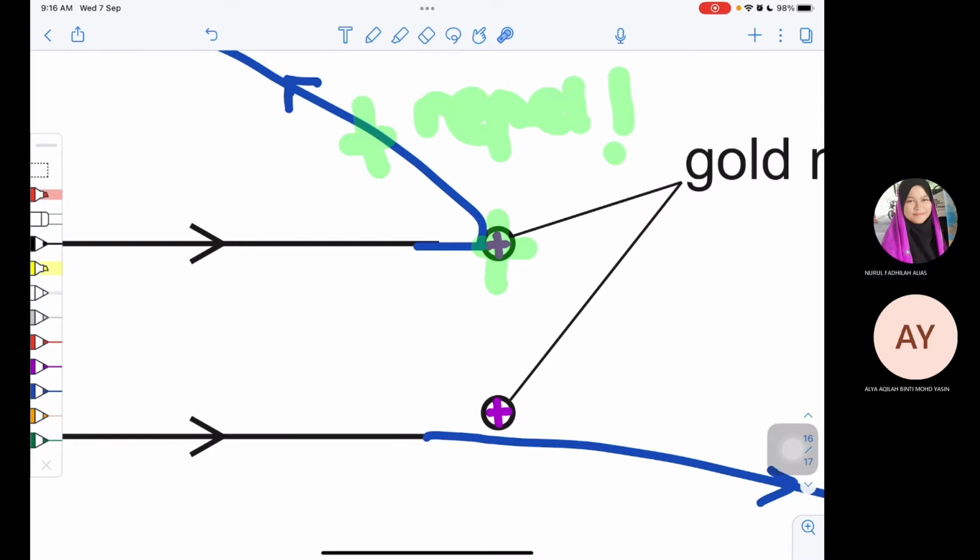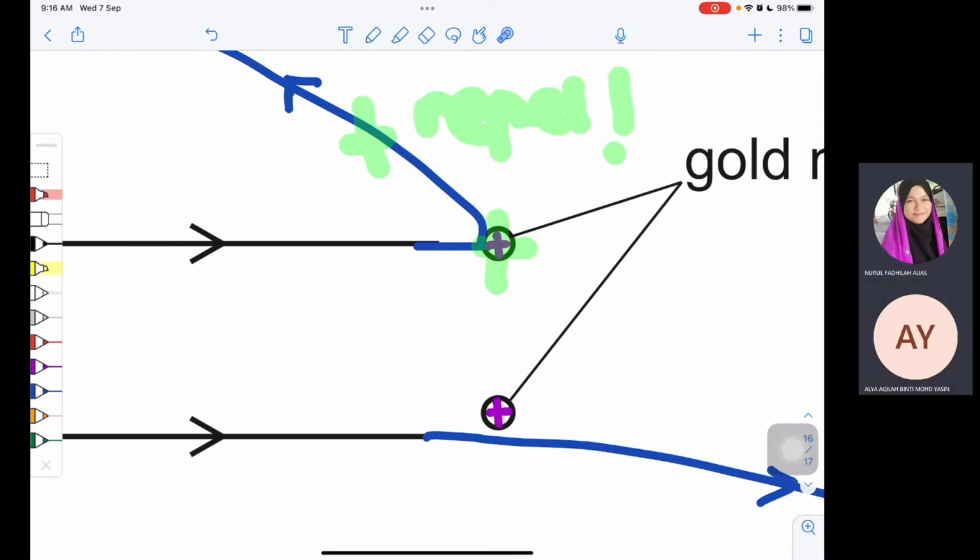So, what should be the answer? Yes. How many electrons do we have? Screen cikgu lag. Oh, cikgu face screen dah tak ada dah? Ada tapi dia tak gerak. Oh.